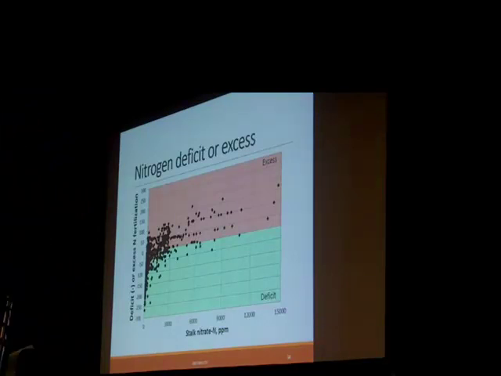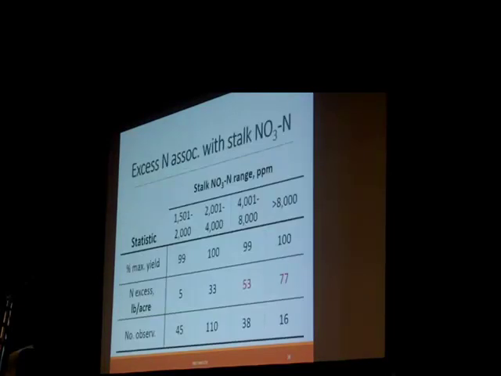So the plant will continue to accumulate that nitrogen to pretty excessive levels. Just to illustrate here, above 4,000, you're getting into areas where it's obviously too much nitrogen.